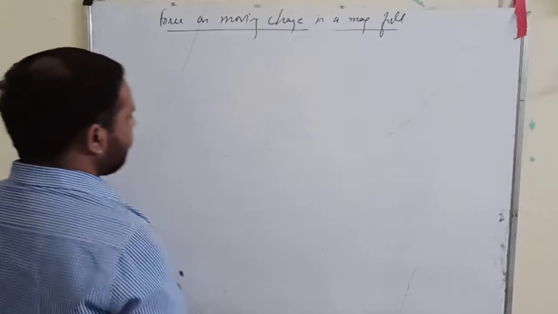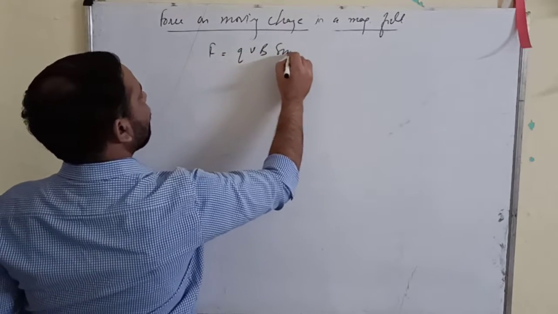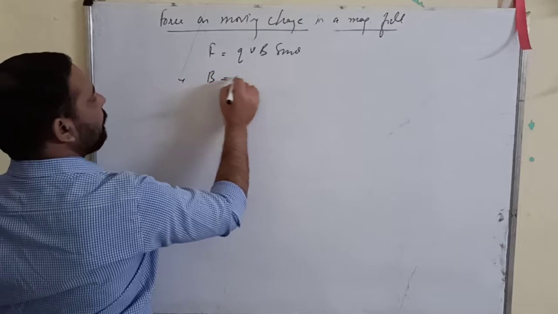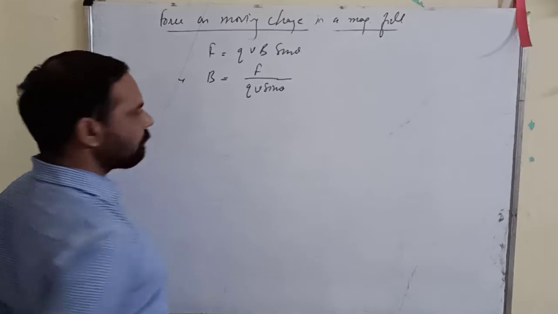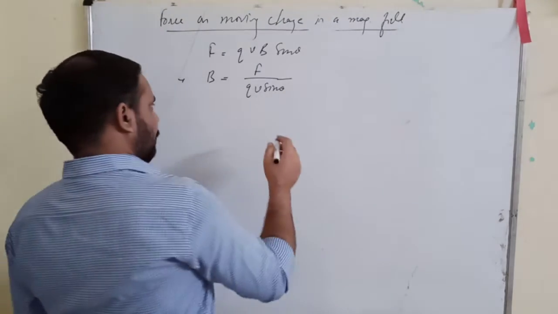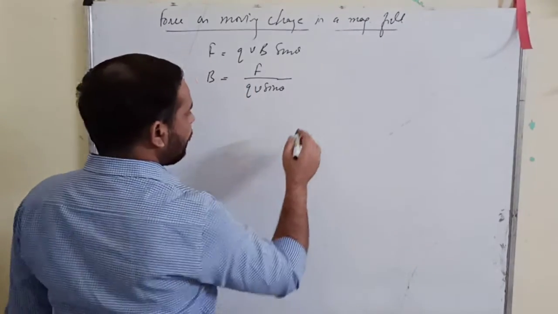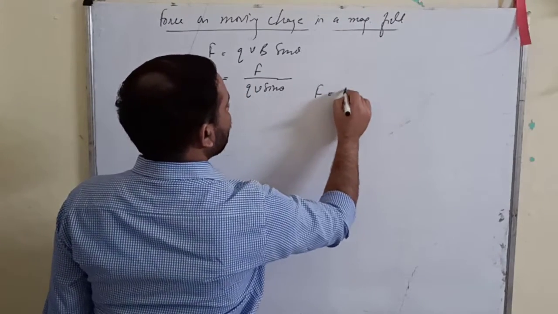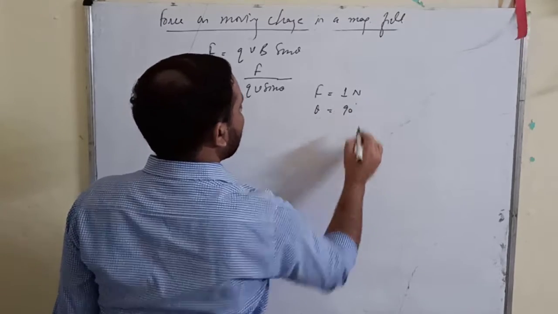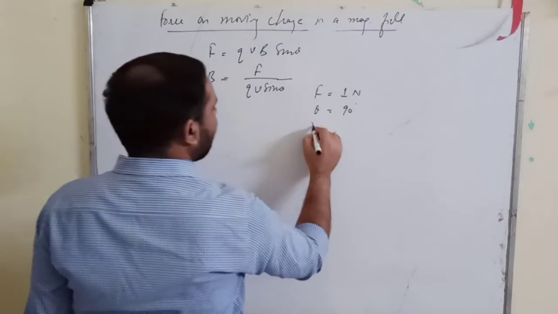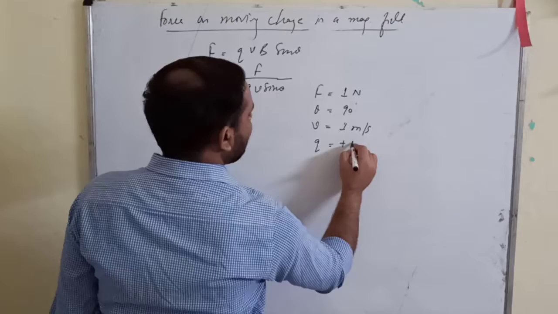Now with the help of this formula, F equals QVB sin theta, you can obtain B equals F upon QV sin theta. Then suppose I take F equals 1 Newton, theta equals 90 degree, V equals 1 meter per second and Q equals plus 1 coulomb.